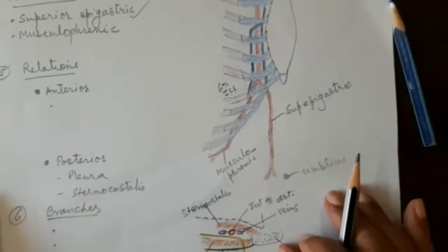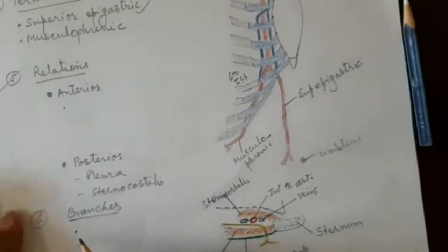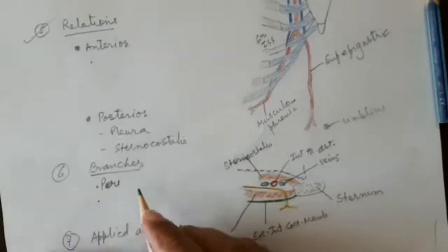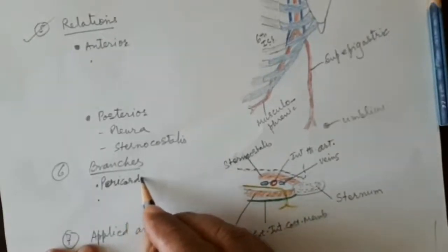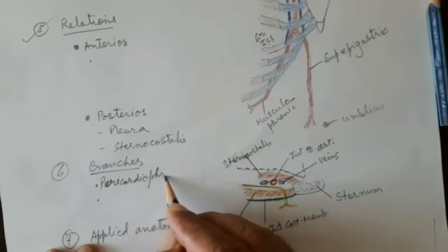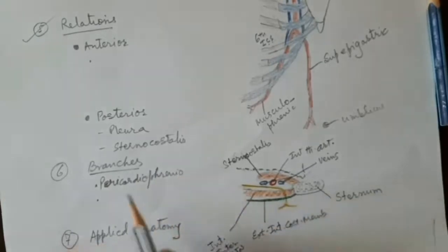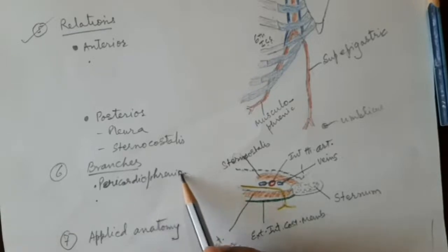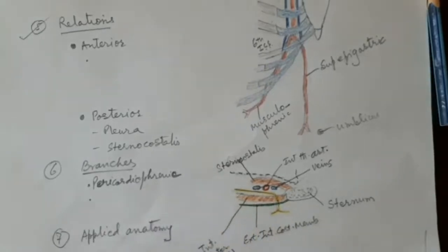The branches are, number one, the pericardiophrenic artery. As the name suggests, it supplies the pericardium and the diaphragm. Phrenic means diaphragm.